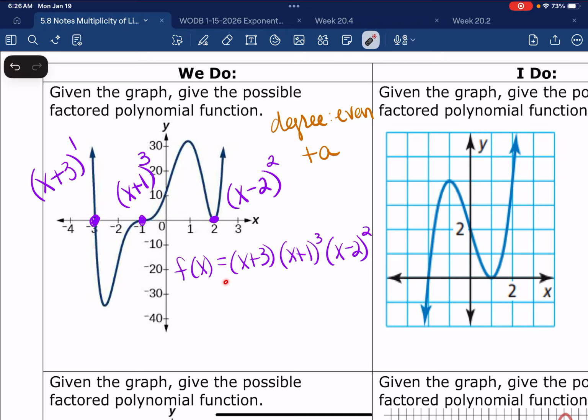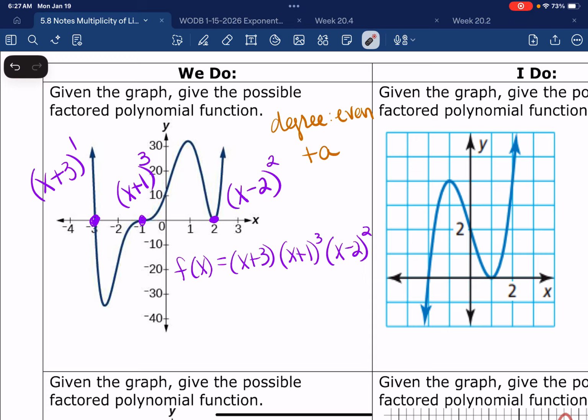Is our a value positive? We notice when we multiply all these together, yes, we would indeed get a positive value. Now our degree needs to be even. So the sum of all of my multiplicities needs to be even. 1 plus 3 plus 2 does indeed give us an even degree. So this is a possible factored form of our polynomial function.